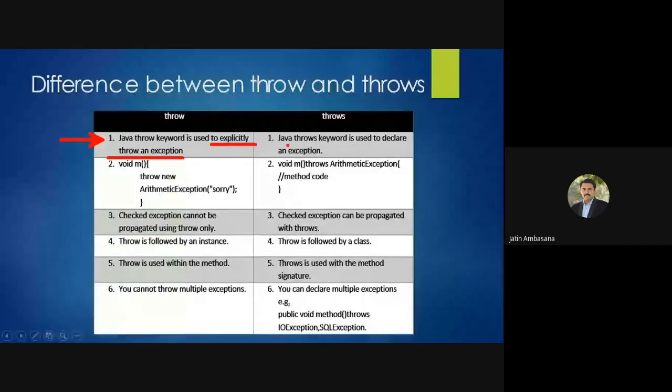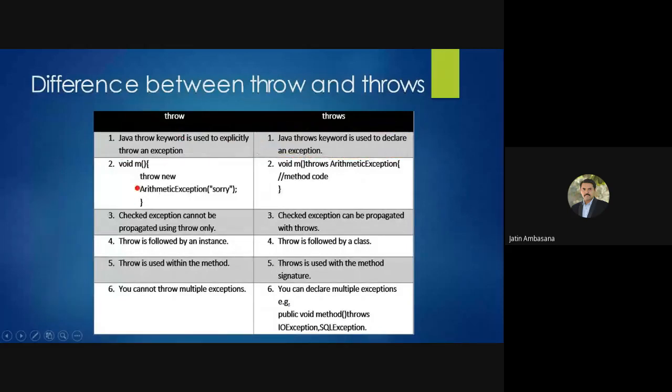Throws is not an explicit throwing of an exception, but it is used to declare that a method can throw an exception. So that's the difference. Here it is used to actually throw an exception, and here it is used to declare that an exception can be thrown by a method.